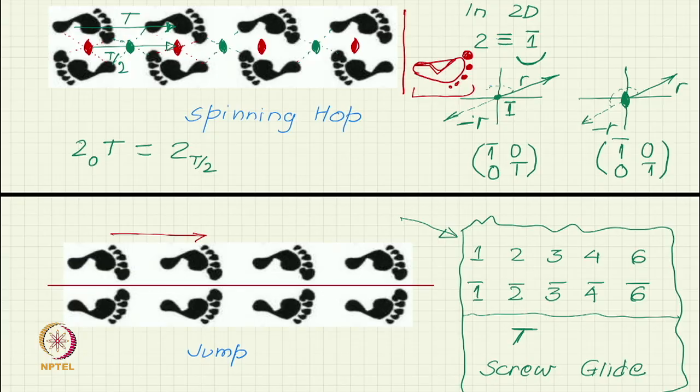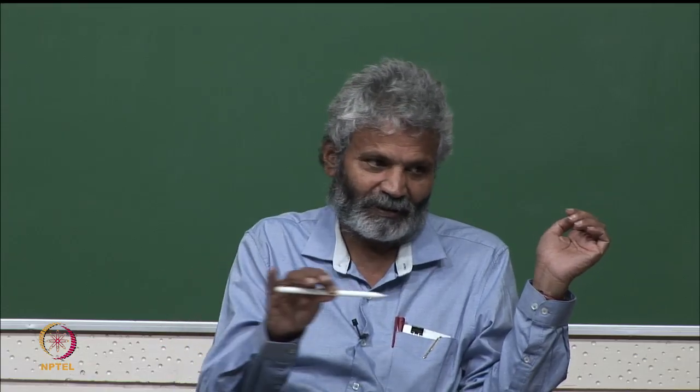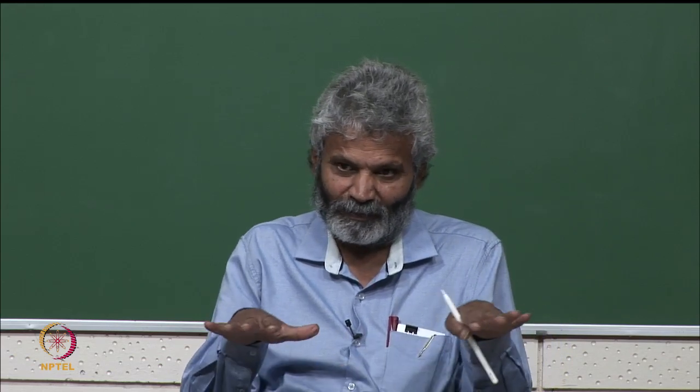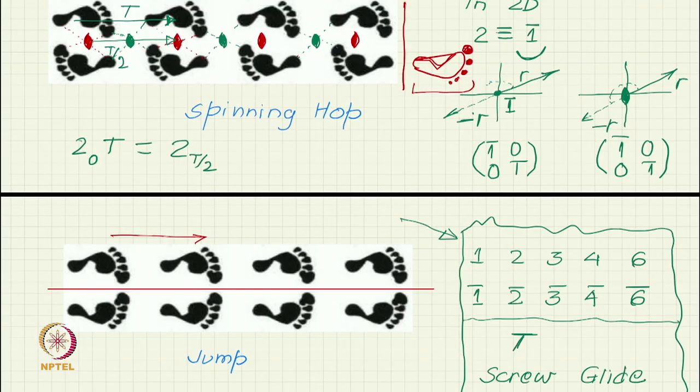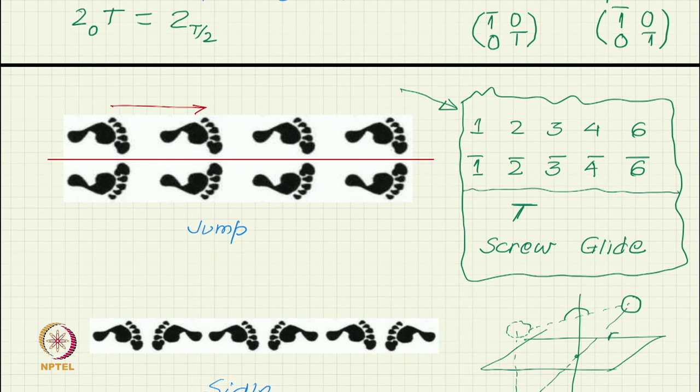Instead of the forward direction, it will start pointing in the backward direction. The only way to keep both feet pointing in the same direction is to reflect in a horizontal mirror. But then if you reflect, the left foot changes into a right foot. So, that is the jump.